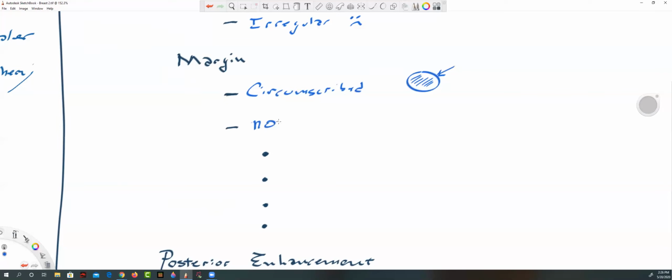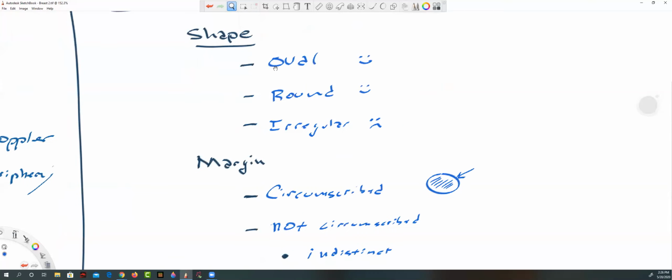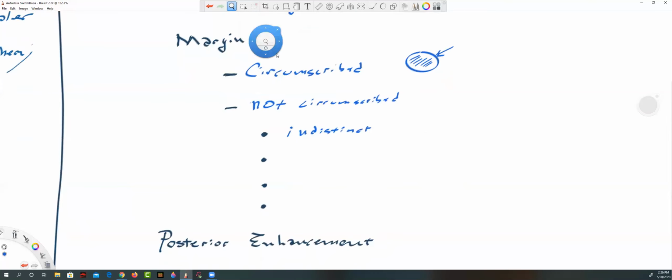And then there's not circumscribed, and once again indistinct. Shape is irregular, margin is indistinct. Yep, that is correct.